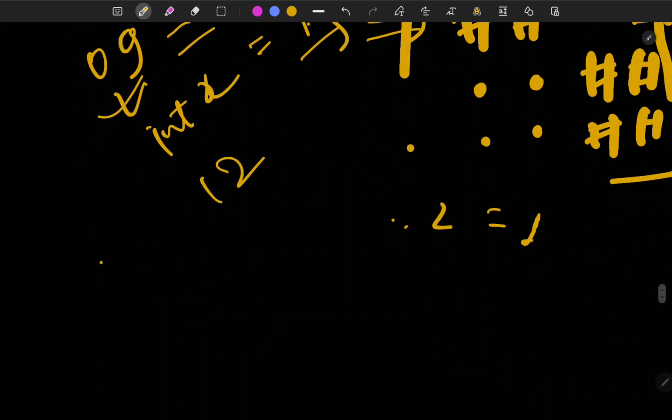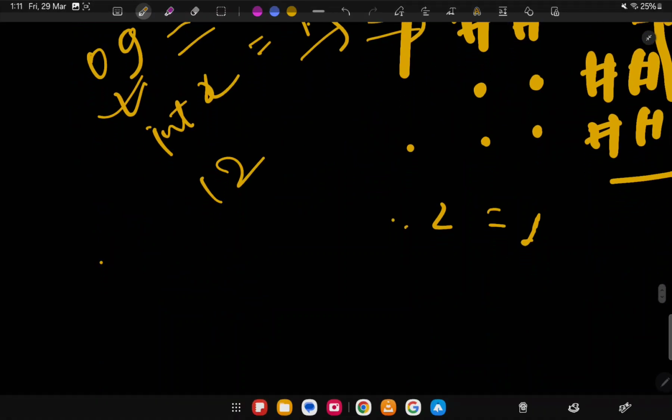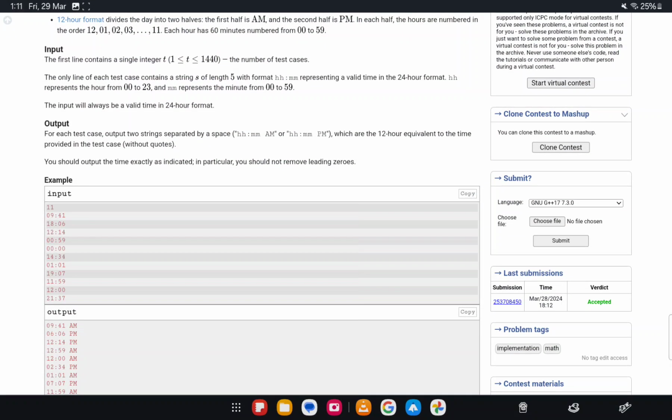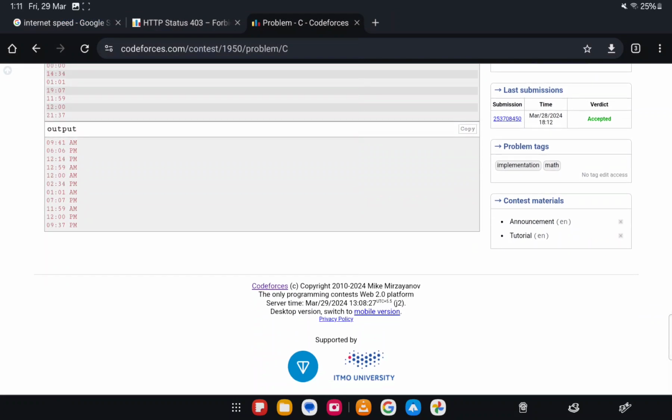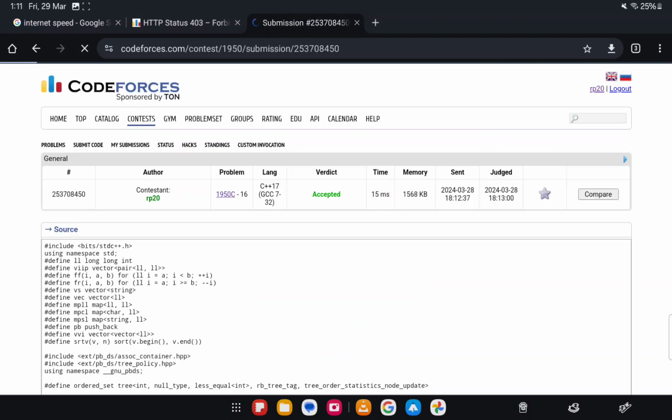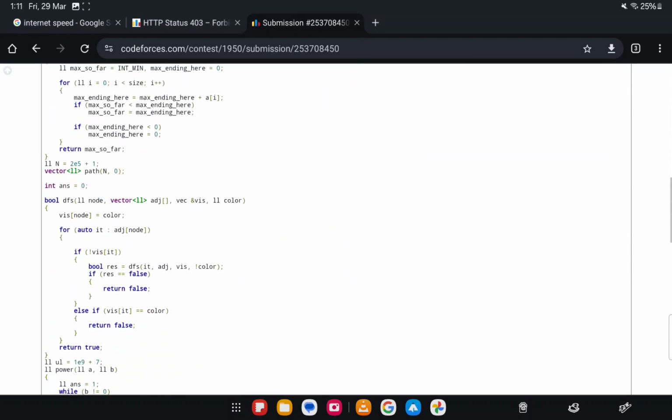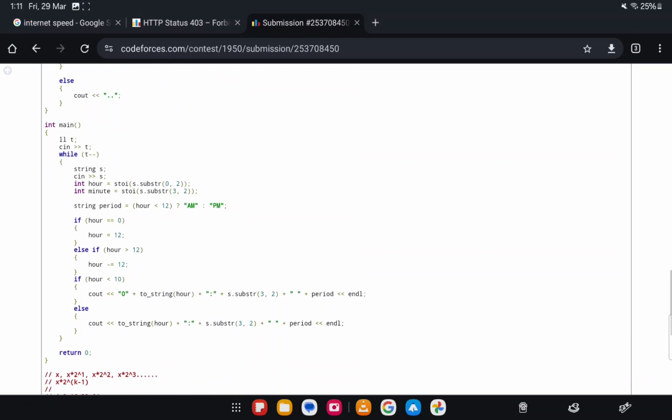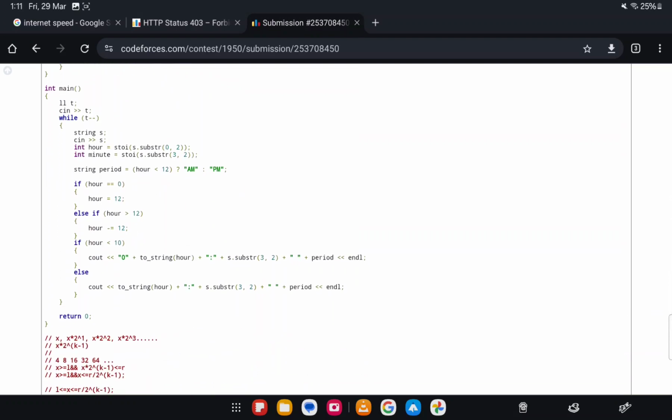If you see the code, you can get more from the code only. This was my solution. See what I was doing.